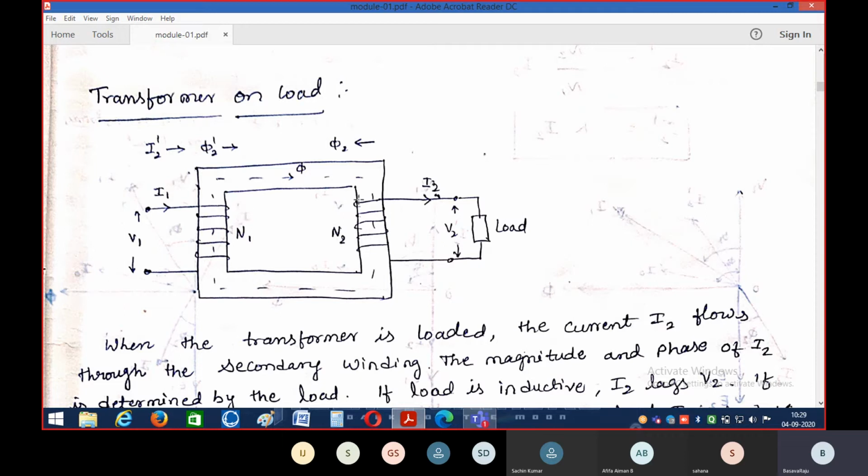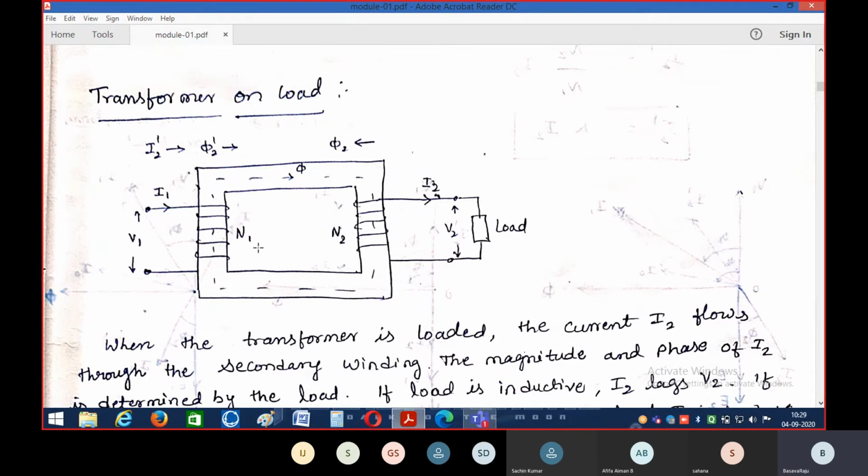Whether E1 is greater than E2 or less than E2 depends upon the number of turns on the primary and the secondary winding. The winding having more turns will have more induced EMF. As we discussed in the early classes, this is per turn: for one turn, the same EMF is induced in the primary and in the secondary.